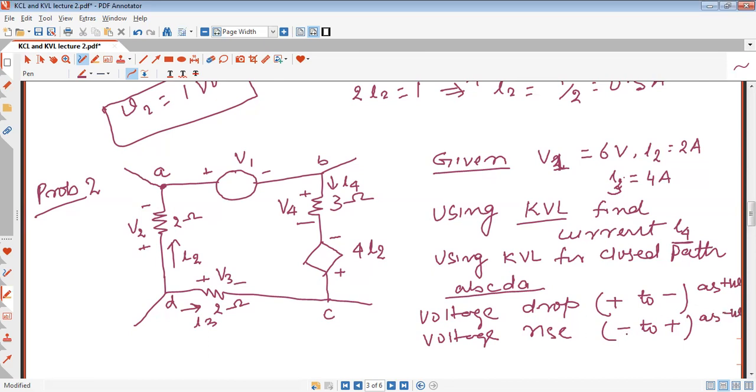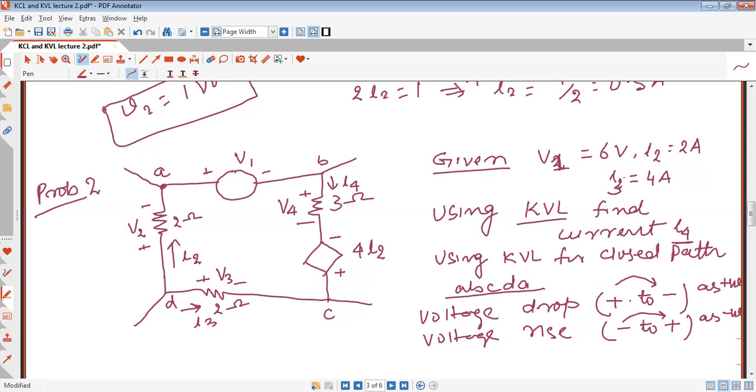The logic is that when we move from positive to negative, we first meet positive, so take it as positive. In case of voltage rise, we move from negative to positive, so take it as negative because we first encounter negative.